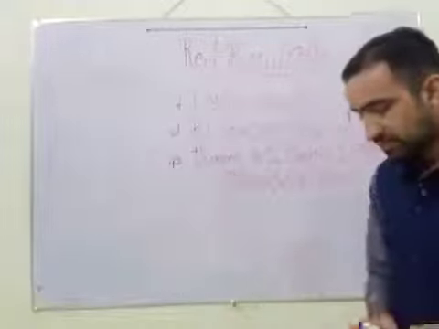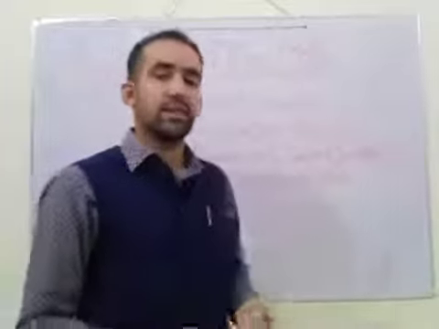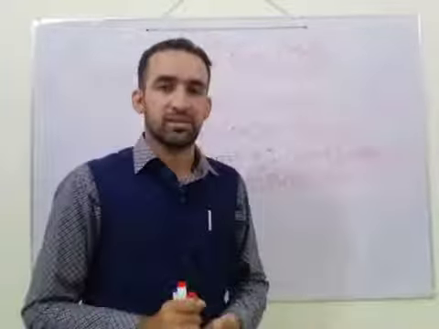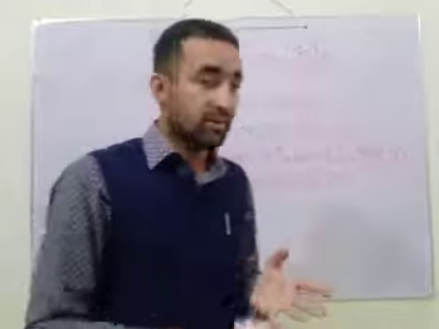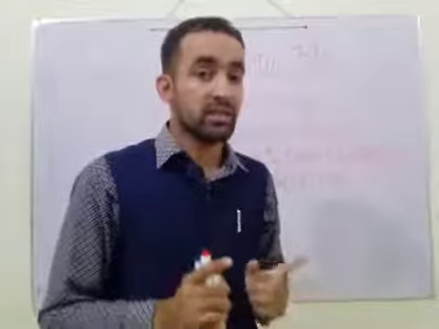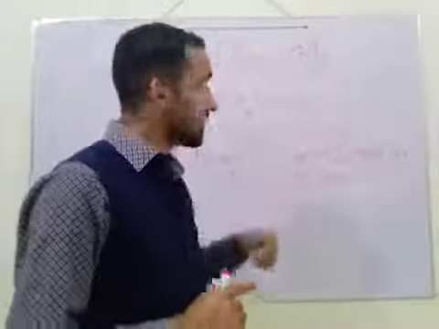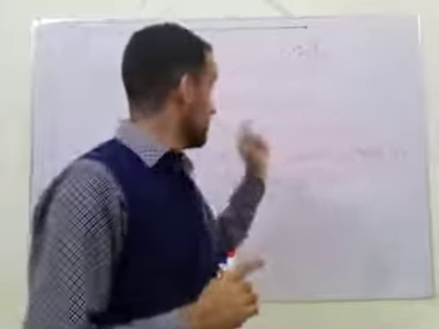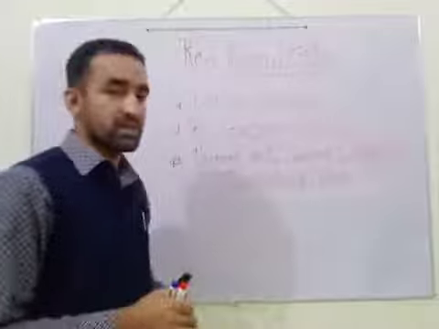This disc-like structure has both functional and mechanical advantages. So let's talk about what are the functional advantages and what are the mechanical advantages of the disc-like or biconcave structure.